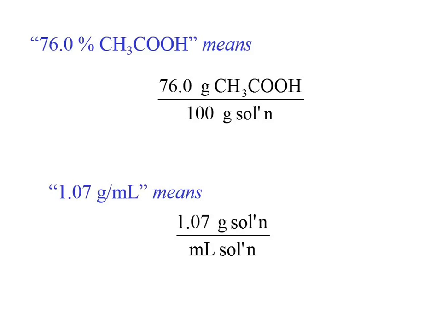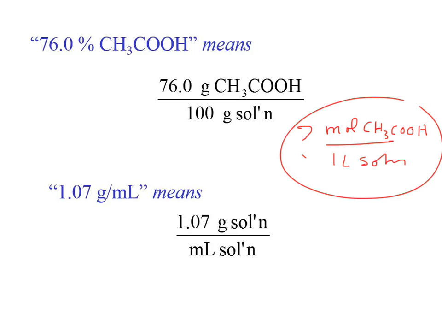Sometimes what we've done when we doodle is we put a question mark, that's our target. Our target is molarity. So our target is what? Moles of CH3COOH over liter of solution. So that's our goal. Can you start to see these puzzle pieces?